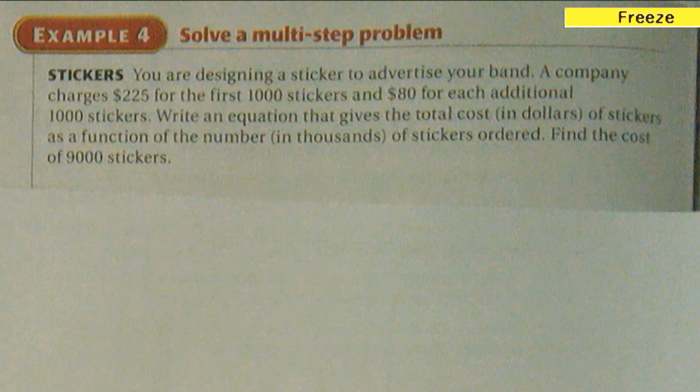So you're going to start, as I already said, writing it in point-slope form. You're going to change it into slope-intercept form, and then you're going to use it. So I should see, once you bring your point-slope form, I should see you doing the math, aka the distributive property to start with, to turn it into slope-intercept form. Then you're using it for the cost of 9,000 stickers. You're using your slope-intercept form.